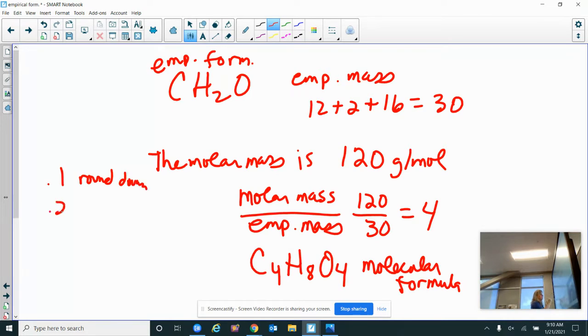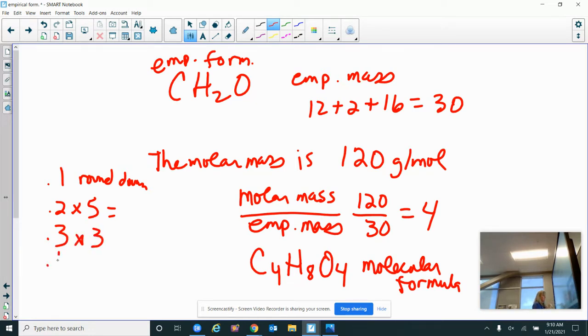If it ends in 0.2, we need to get it up to a number that ends in 0, 1, or 9, so we can just round it off. So if, when we've divided by the smallest, we get a number like 4.2 for one of them, that means we have to multiply all of them by 5, because 5 times 2 is 10, and that ends in 0. Okay. If one of them ends in 0.3, we have to multiply by 3.